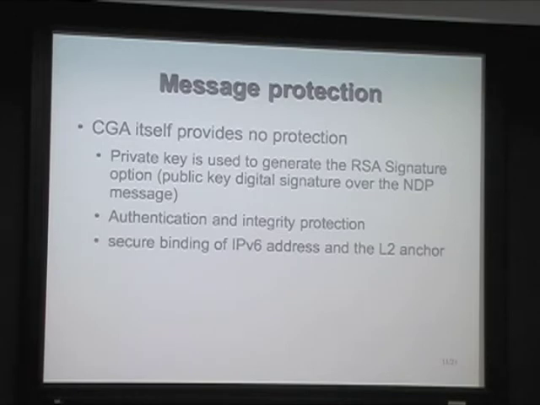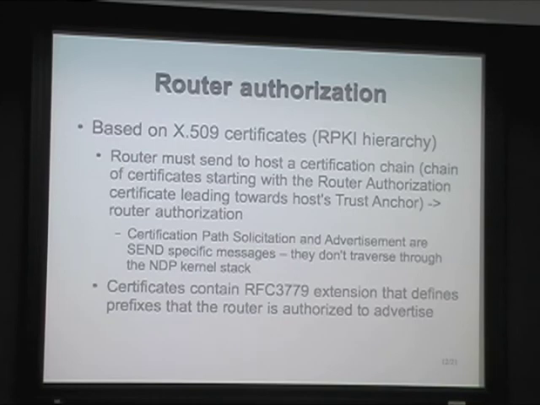The signature is made over link layer addresses, IP addresses, and the neighbor discovery message, and that's how we end up having a strong binding between the IPv6 address and the lower layer anchor. So we actually have a binding of the sender's public key, IPv6 address, and lower layer anchor, which is pretty safe. So with this SeND option, we get authentication and integrity protection of messages sent to the other node.